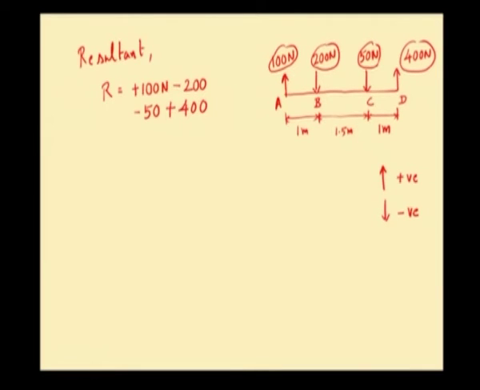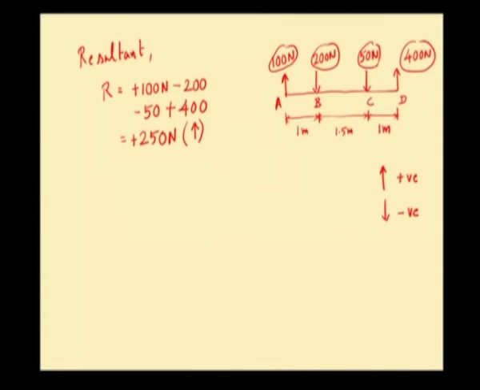Here the 4 forces are parallel forces and hence the resultant is nothing but the algebraic sum of all the forces. So, the resultant works out to be 250 Newton. If you see the sign of the resultant, it comes as positive and hence the direction of the resultant will be in the upward direction.